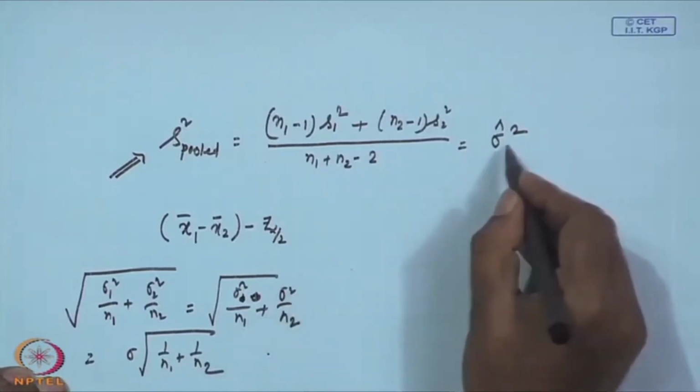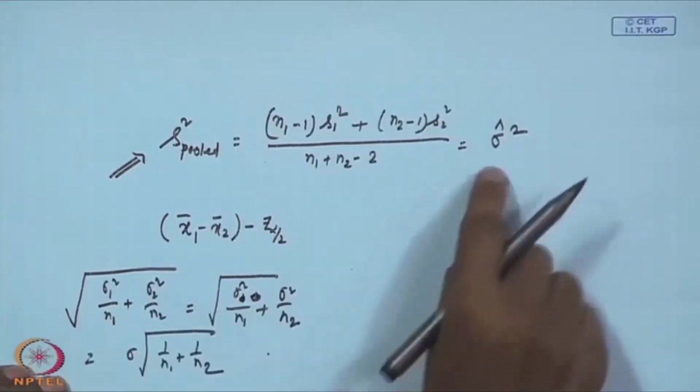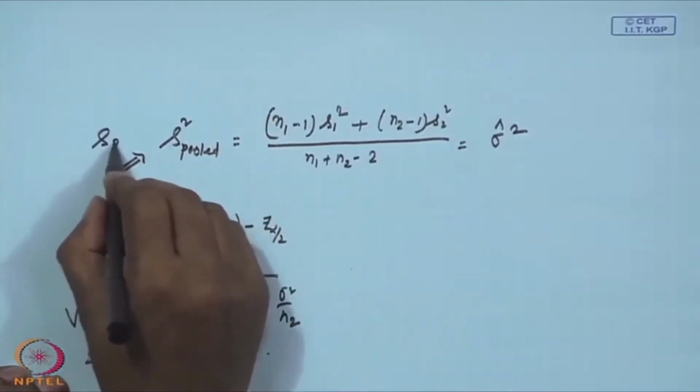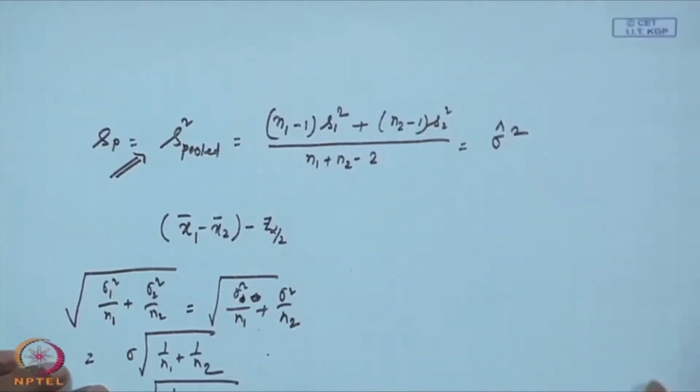Now, you say that S pooled is the estimate of sigma. So, that means I can write SP equal to S pooled, then SP square root of 1 by n1 plus 1 by n2. Okay.